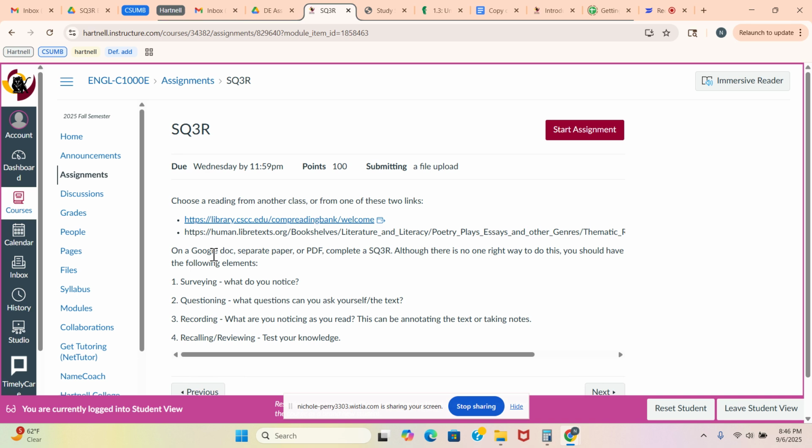And this one has to do with critical reading, of reading for memory, of really absorbing what it is that you're reading. One way to do that is this method, SQ3R. S stands for survey, Q stands for questioning, reading and recording, and recalling. Okay, so 3 R's: read, record, recall.